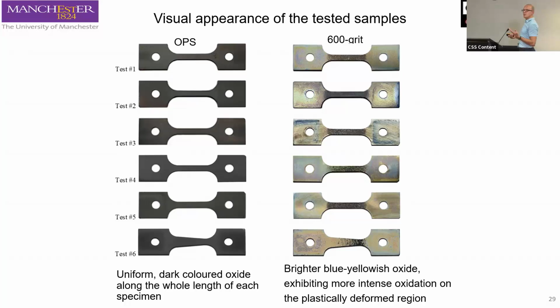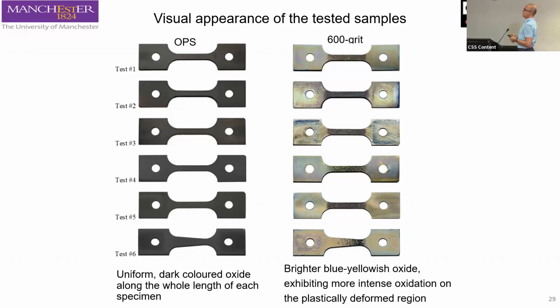It was quite obvious that on the OPS you form a thick oxide regardless, whilst on the 600 grit you can see a very shiny appearance on the grips, and only in the gauge section where the stress acted, there was a disruption of the oxide. And actually, you can better see this on a taper sample, where you can clearly see the effect of stress on the evolution of the oxide.